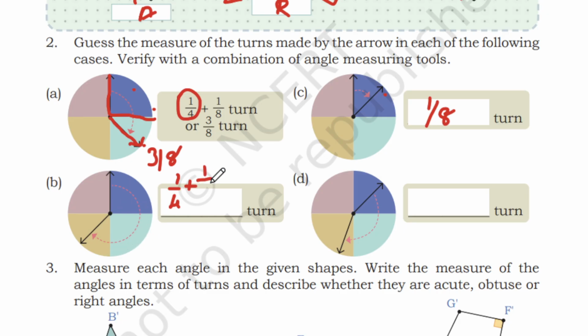So 1 by 4 turn, 1 by 4 turn, quarter plus quarter, you will get half, and you are getting another 1 by 8. So half plus 1 by 8, so this is 5 by 8. 5 by 8 turns.